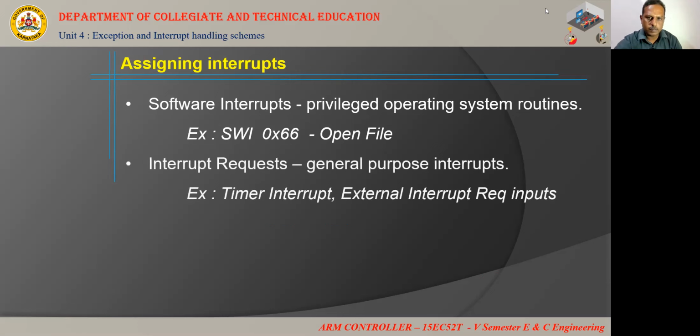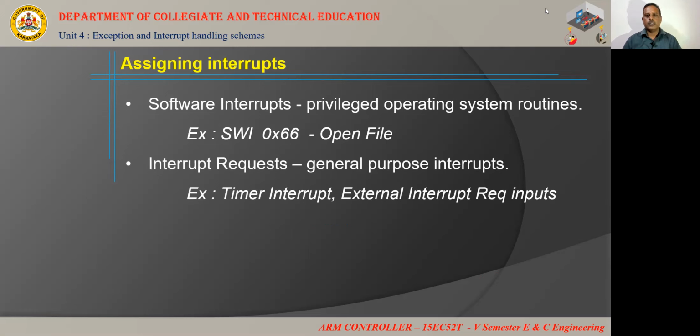So next comes the interrupt requests. That is the general purpose interrupt requests. These interrupt requests may be from many peripherals attached to the ARM core, like timer, external interrupt requests, and UART, DAC, ADC.